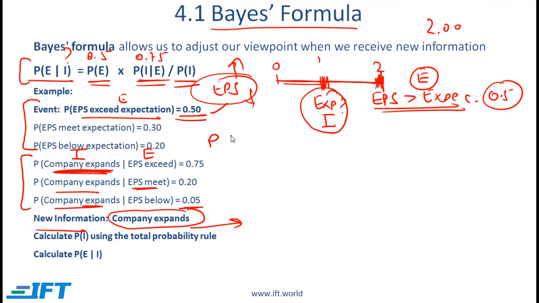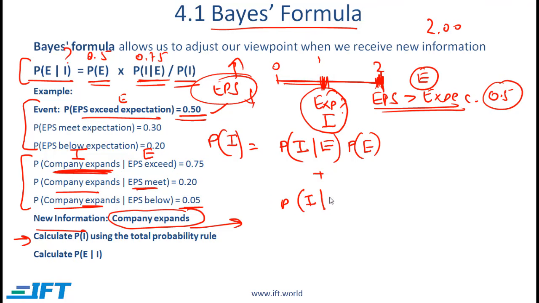The probability of the information, which is the first thing we need to find, is equal to the probability of information given the event being EPS exceeds expectations, times the probability that EPS will exceed expectations, plus the probability of the information, i.e. company expands, given that EPS meets expectations, times the probability that EPS will meet expectations.